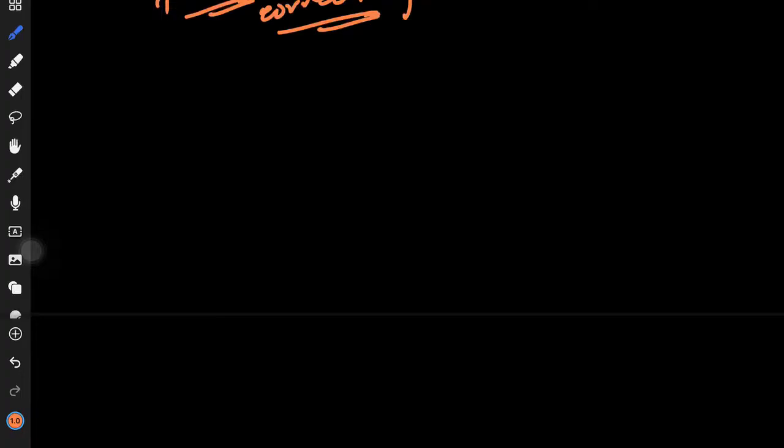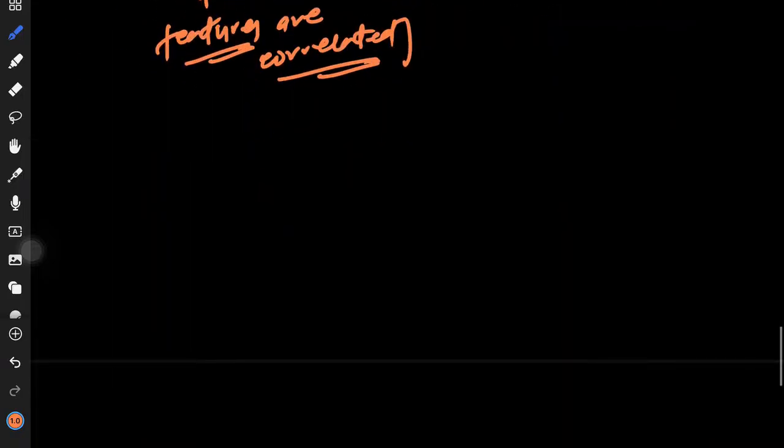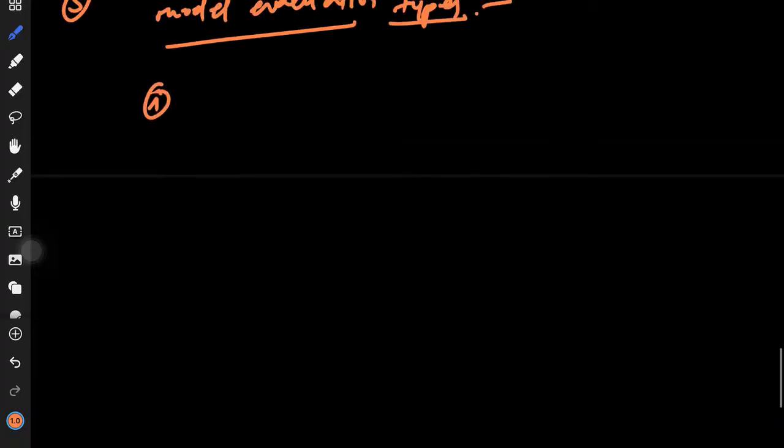Okay, then someone asked, so this was his fourth question. The fifth question someone asked is, what are different types of model evaluation? So what are model evaluation types? The first model evaluation type is train test split.